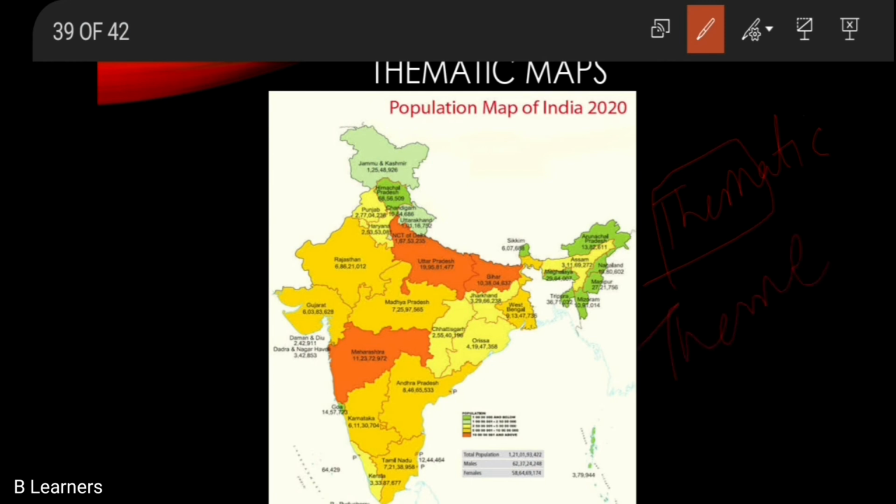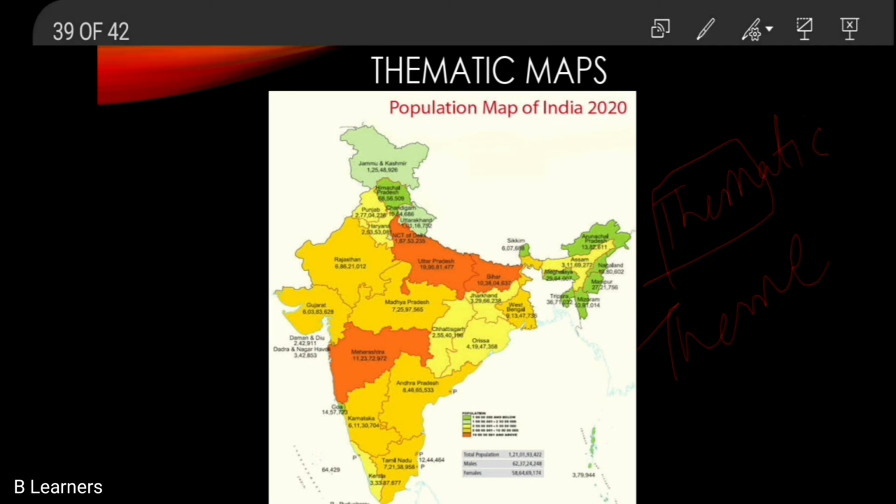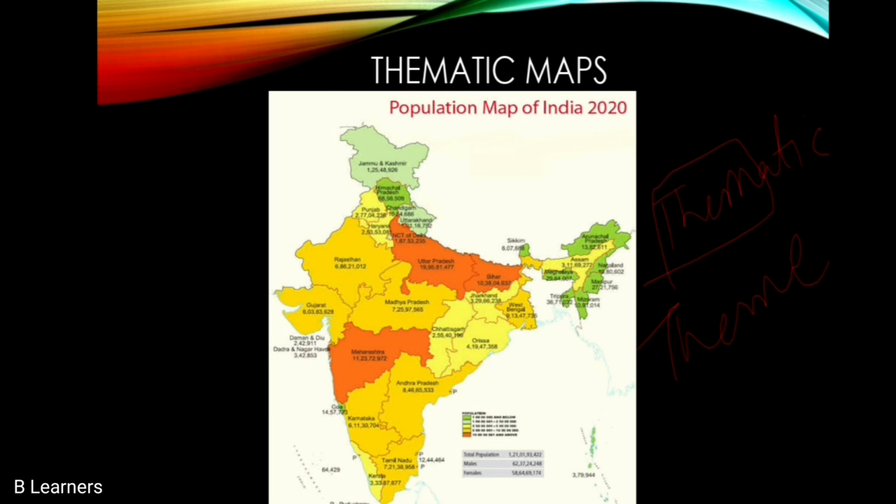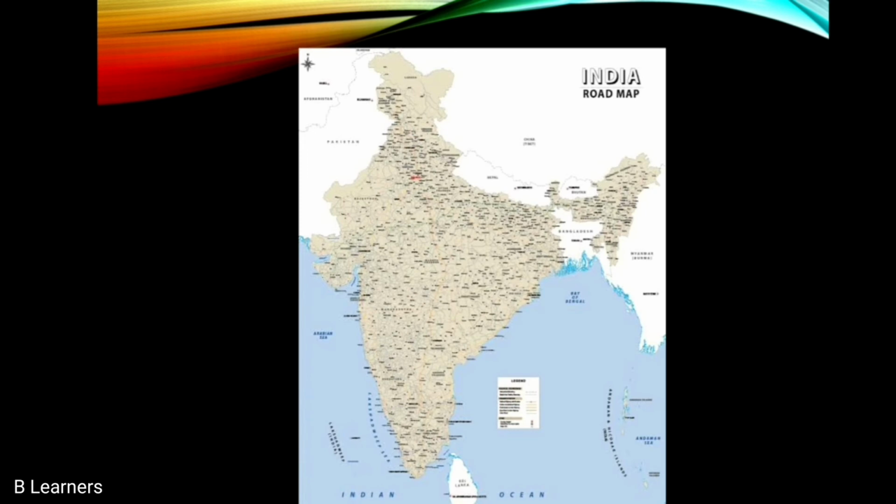So these types of maps are based on particular themes, particular subjects, like crops grown, minerals, rainfall. Maybe it is showing the rainfall, maybe it shows the road and railway. So they are basically subject oriented. They show particular themes.